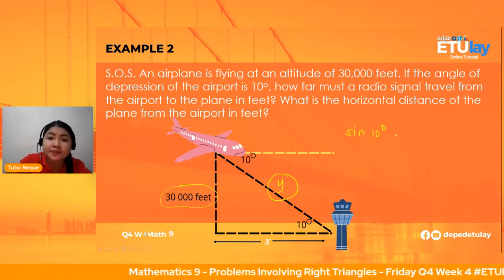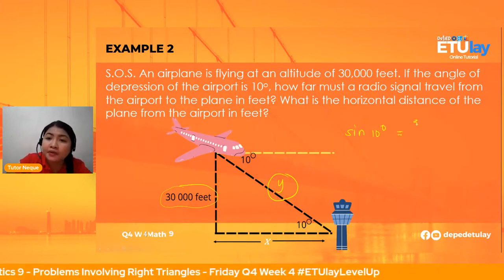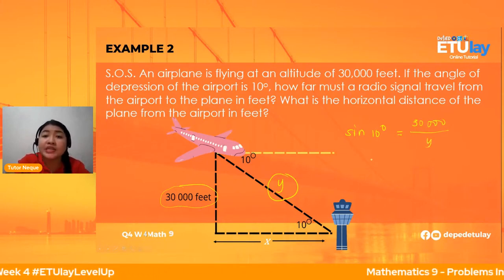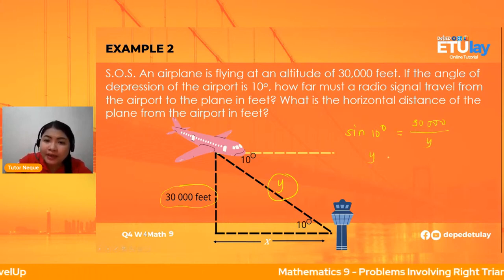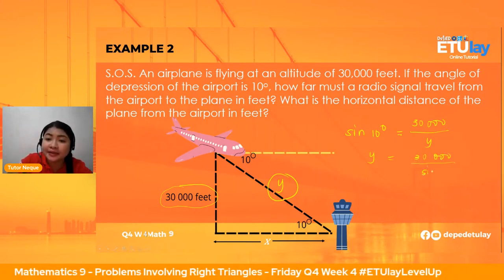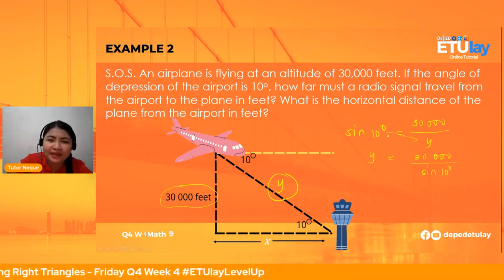Sine 10 degrees is equal to opposite, 30,000, divided by hypotenuse, which is y. Or simply, y is equal to 30,000 over sine 10 degrees. Okay, malupitang Hokage technique yan, no?